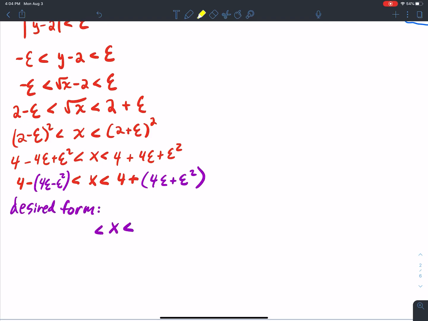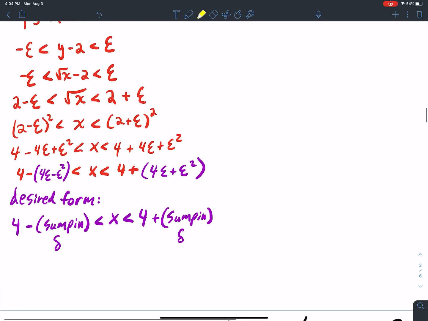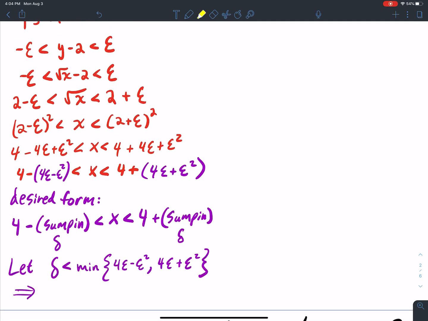All right, so the desired form is 4 minus something and then 4 plus something. So the question is, what is that something? That something is our delta. Now, let delta be what?